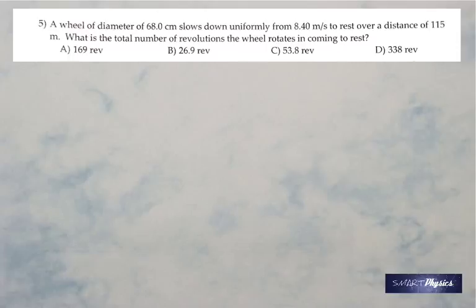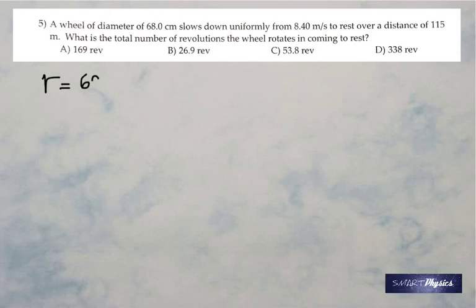A wheel of diameter 68 centimeters slows down uniformly from 8.4 meter per second to rest over a distance of 115 meters. What's the total number of revolutions the wheel rotates in coming to rest? What's given is the linear velocity initially, and then finally 0, distance x is 115 meters.